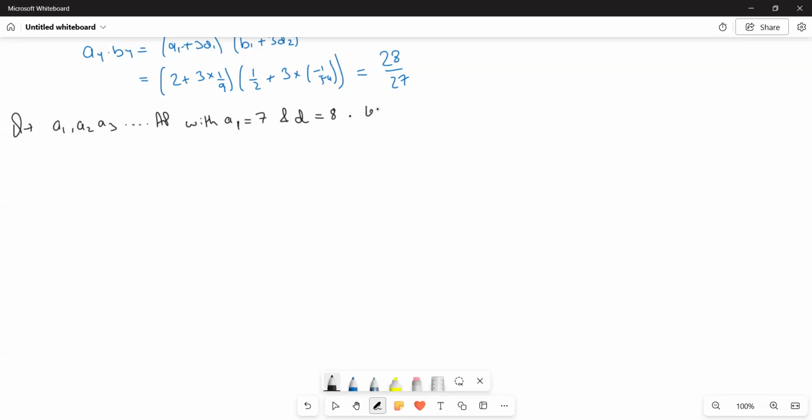Okay. Now let T1, T2, T3 be such that T1 is equal to 3 and Tn plus 1 minus Tn is equal to An for n greater than or equal to 1.